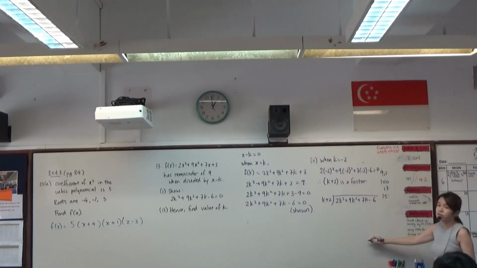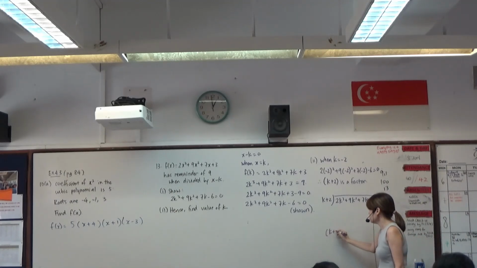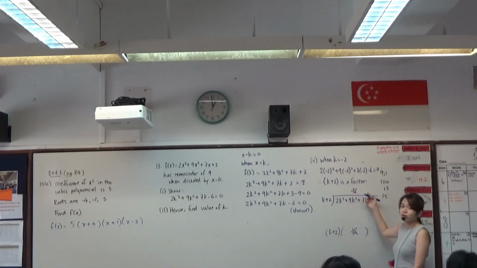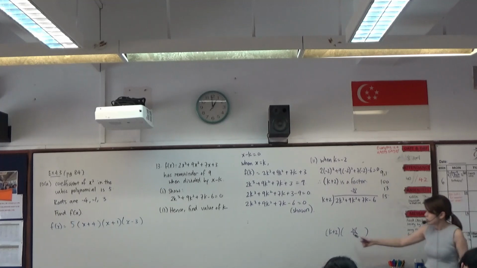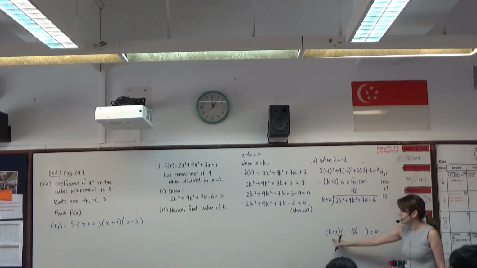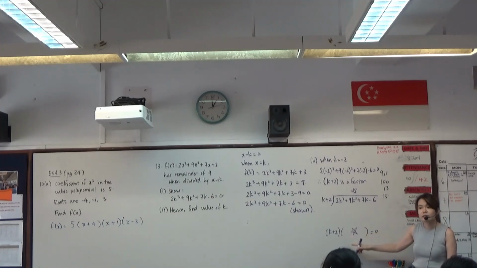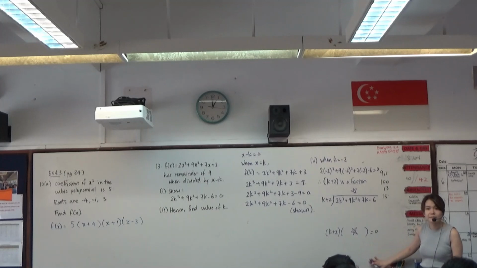Do your long division, then you can get your k plus 2 along with something from your quotient over here. When this equals 0, k equals negative 2, then for this one, solve a quadratic equation. I'll leave it to you to continue this step.